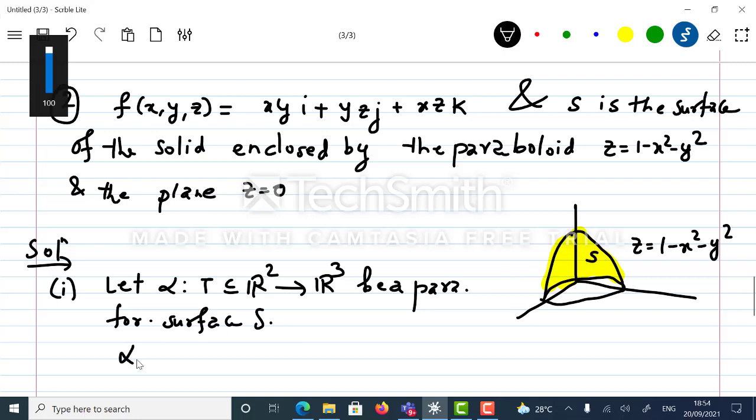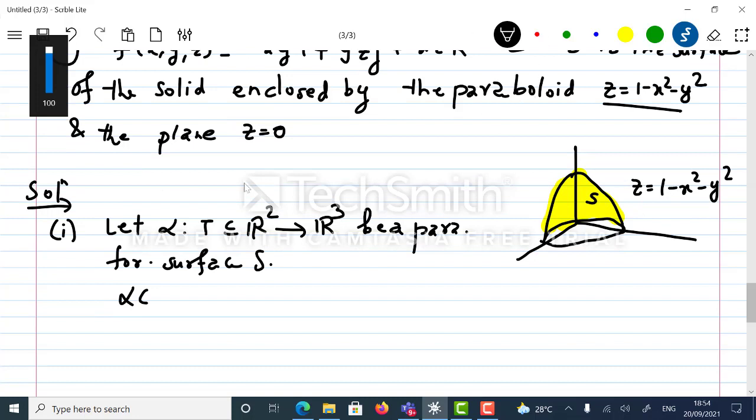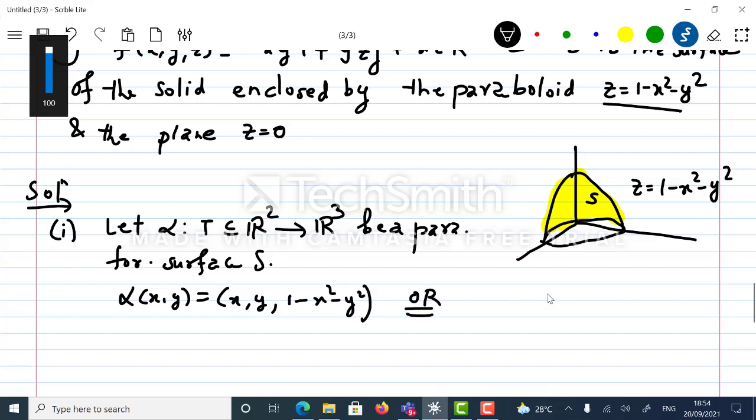So now here the radius is always changing, so there are two ways of solving this. I take alpha x comma y as the parametrization, x comma y comma z is 1 minus x square minus y square. This is one way. Or we can use the polar cylindrical transformation.